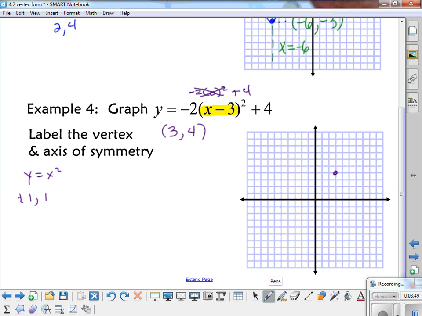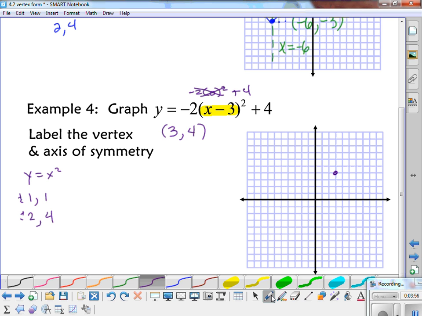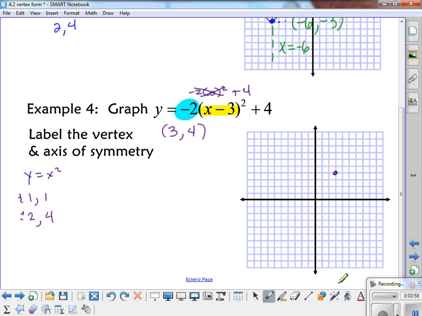So plus or minus, and we would go plus or minus 2, and we would go up 4, right? But now I can't do that because I have this -2 out in front, and that's going to change everything. That's changing my y values. So it's not going to be up 1 anymore. It's not going to be up 4 anymore. It's changed by a factor of -2.